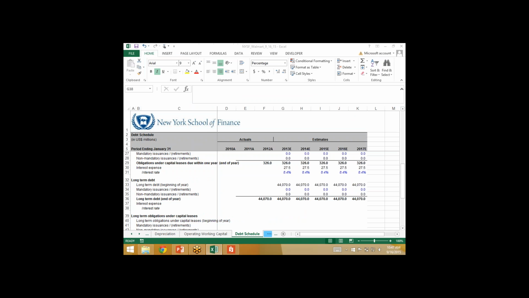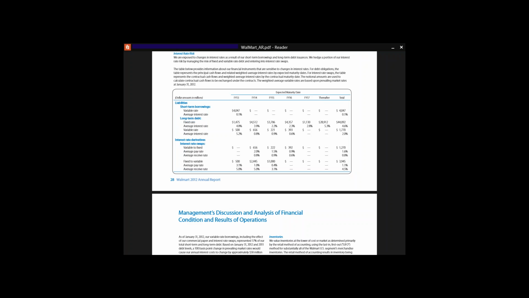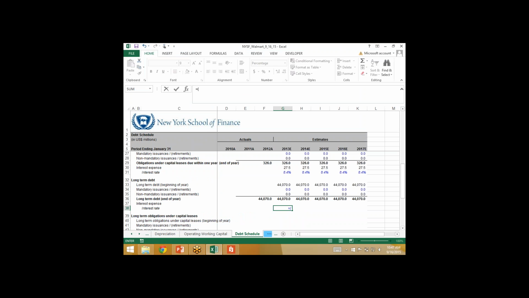So what I did was, I had equal to, in parentheses, and I just hard-coded it in. I had 44092 times 4.6% plus 1770 times 2.0%.